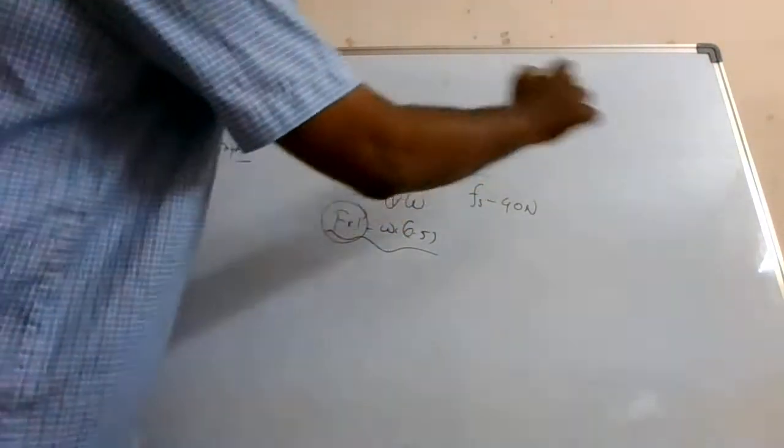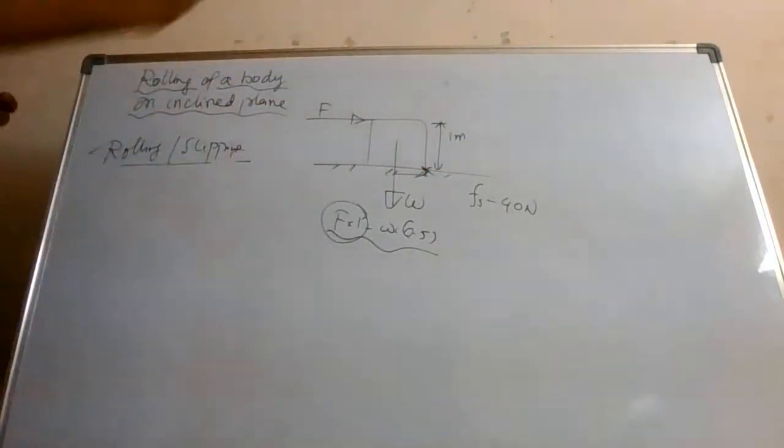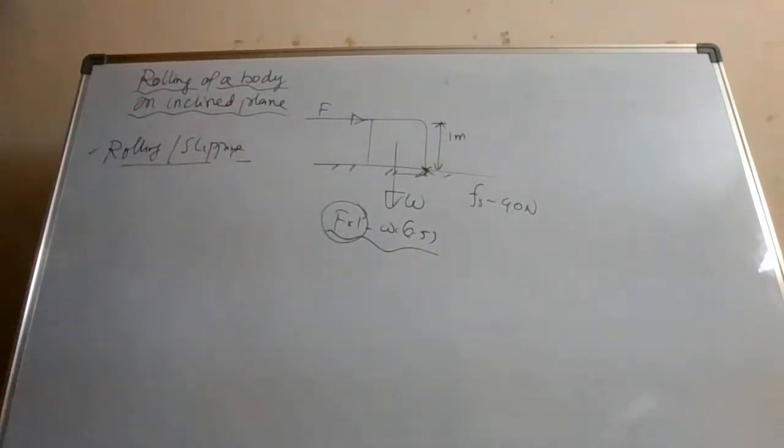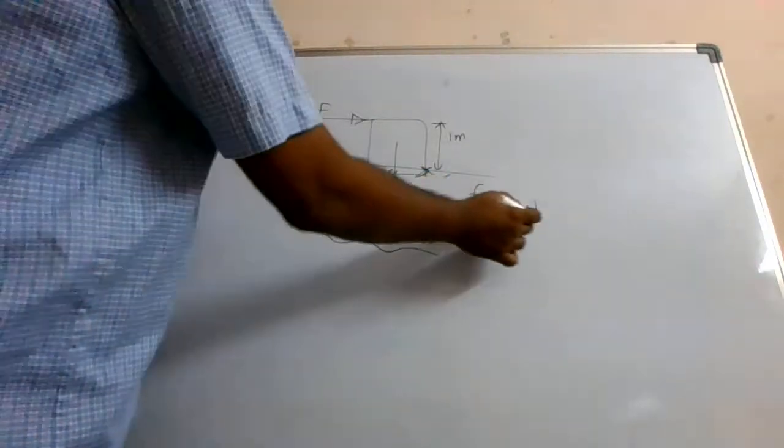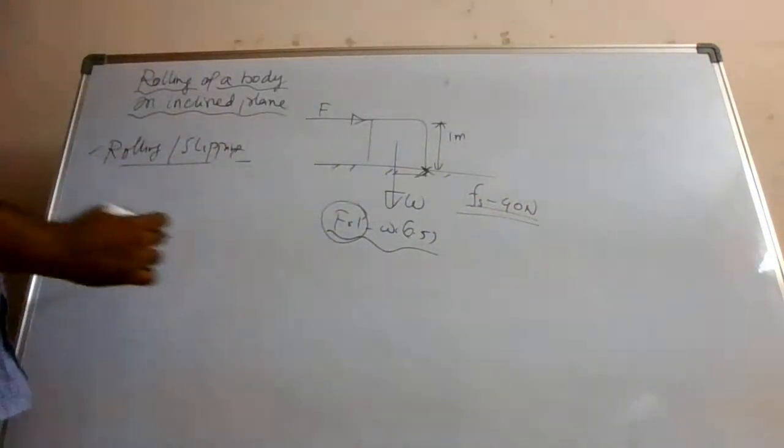Then the rolling will start. Imagine this is a ball. What will happen? There will be rolling. Rolling is a motion which is translation plus rotation. Now understand here that the friction Fs is 40 newtons and you are gradually increasing the force.